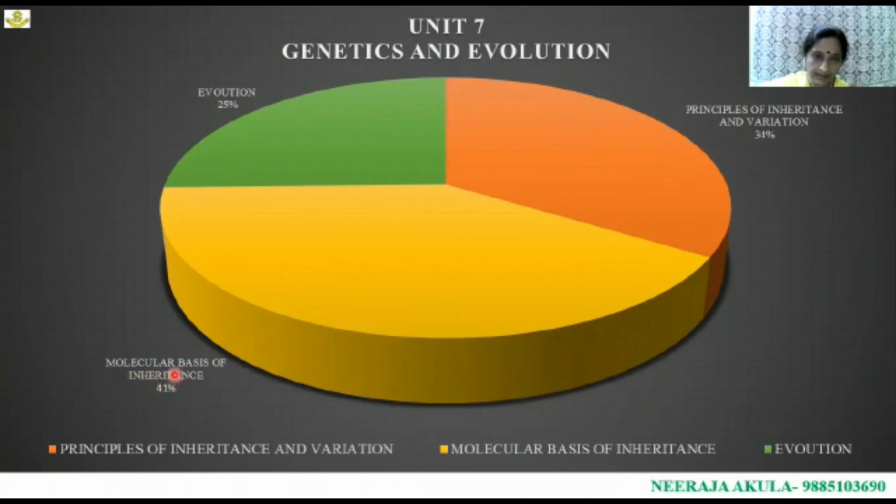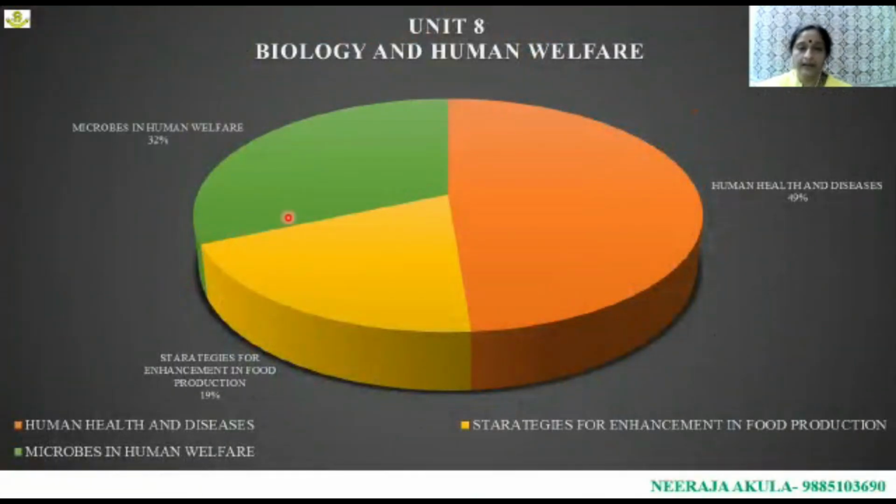This is a unit where, especially from this chapter, nearly a minimum of 5 bits and a maximum of 6 bits we are getting. Unit 8, Biology and Human Welfare, with 3 chapters: Human Health and Diseases, Strategies for Enhancement of Food Production, Microbes in Human Welfare.